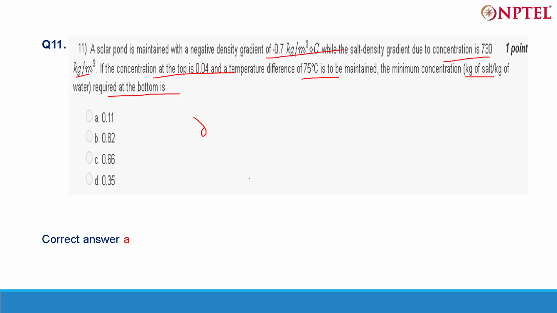Okay, so let's solve it. dC is equal to, it's given 0.7 into del T upon dx, and dC dT 730 is given.